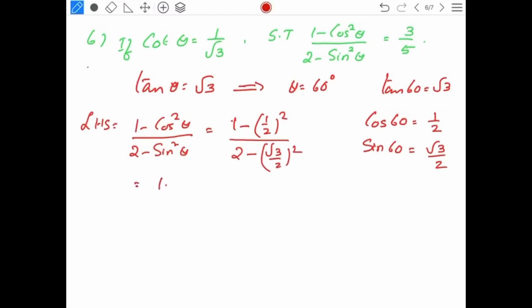So this is equal to 1 minus 1 by 4 by 2 minus 3 by 4. So 3 by 5. To simplify, this is equal to RHS.